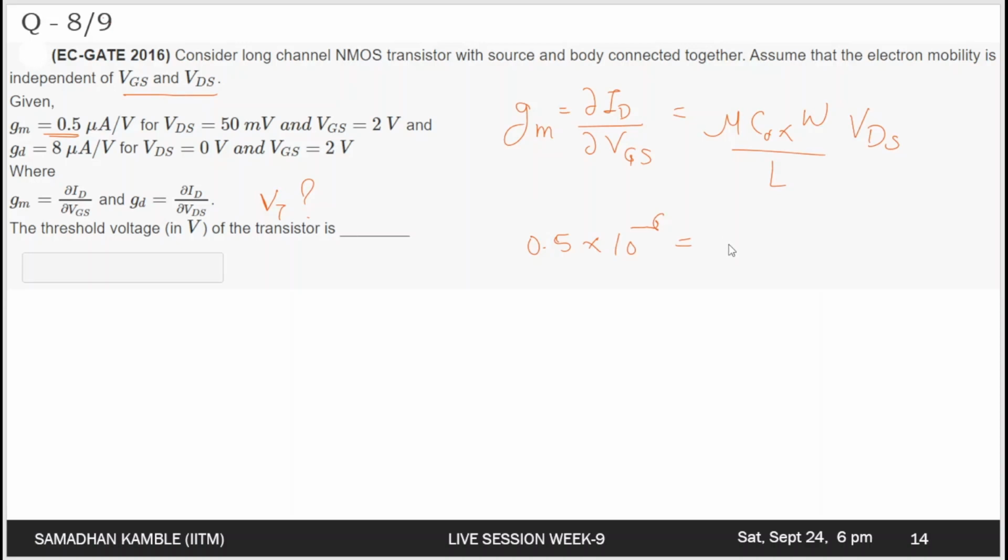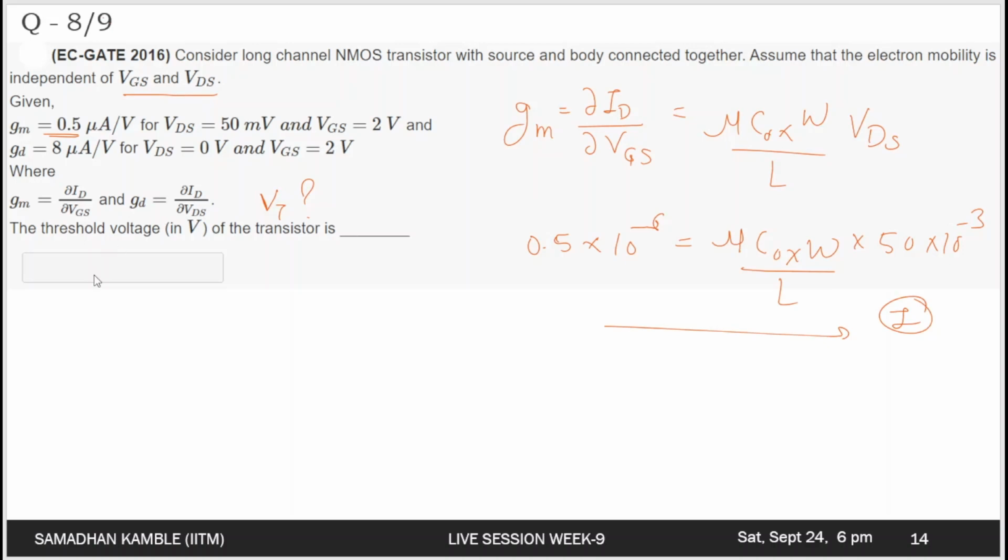Let us keep it as it is, mu. Cox is also not given, so let it be as it is, W by L. I think these are constants, and VDS is 50 millivolt, that is 50 times 10 to the power minus 3 volt. So this is one equation. Let us call it equation number 1.